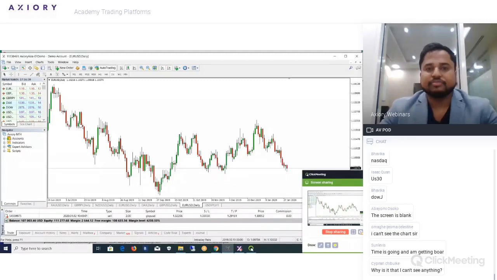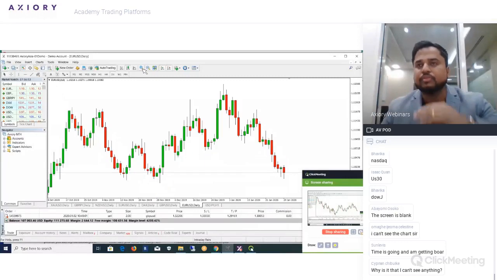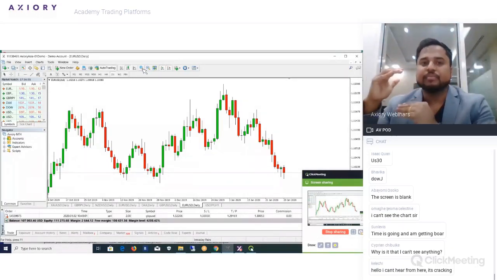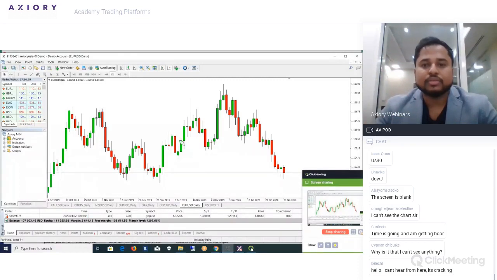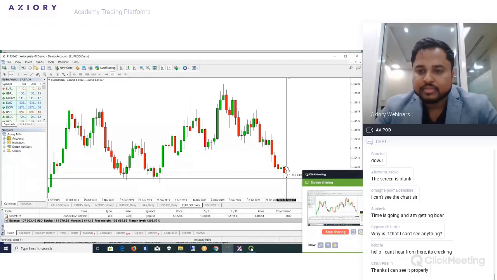Now comes the time frames. Basically, these are the time frames. You can see here, right? M1, M5, H1, D. D means daily chart. It shows how much the price moves from high to low in a day. That is called a daily bar. For example, the euro today moves from here to here.